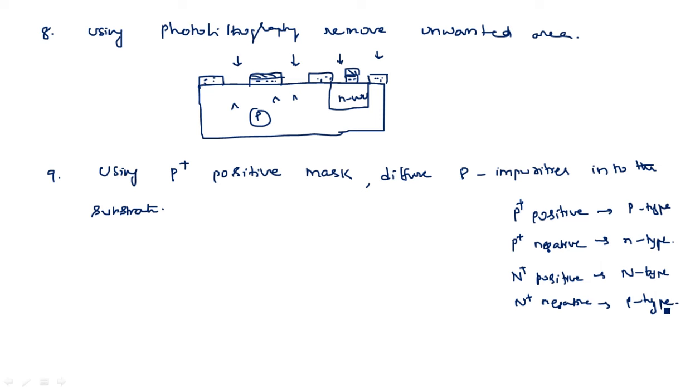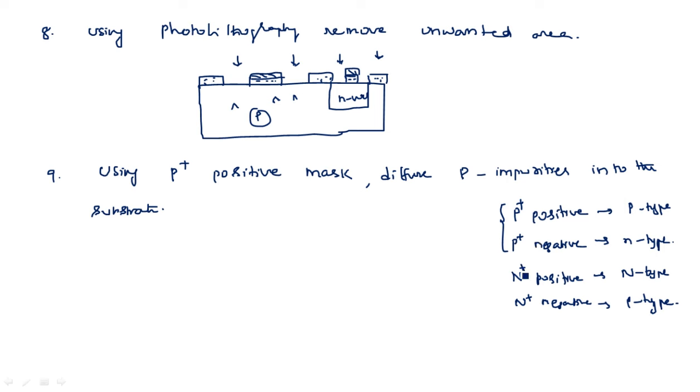Hope you understand. There are totally 4 different masks available. Suppose you are taking the P plus positive mask and the P plus negative mask, then P-type and N-type impurities are going to be created. If you are going for P-type diffusion with the P plus positive mask, then go for N-type diffusion with the P plus negative mask only. That means this set should be followed.